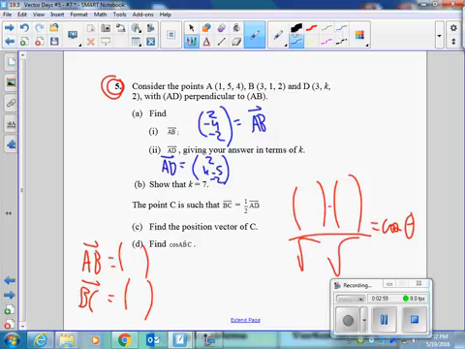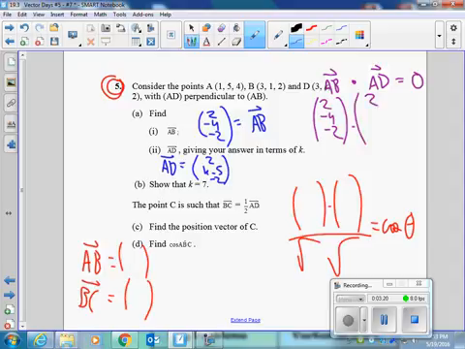Well, we could show that because AB and AD are what to each other? Perpendicular, so their dot product equals 0. Perpendicular, what's the cosine of 90? 0. So that's why the dot product equals 0. So you just take AB, which is 2, negative 4, negative 2, dot product that with 2, K minus 5, and negative 2, which should be equal to 0.